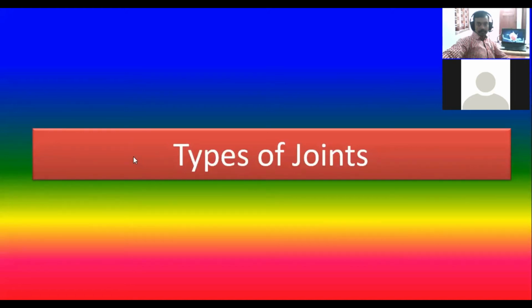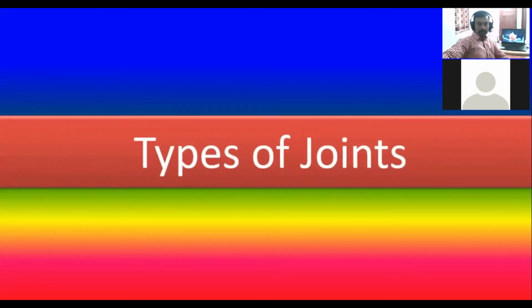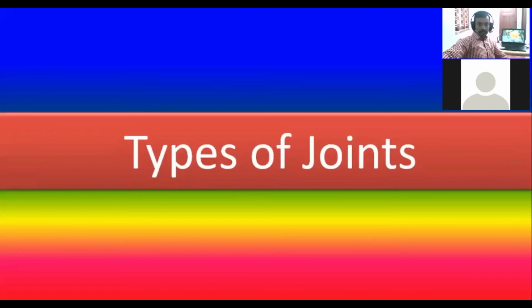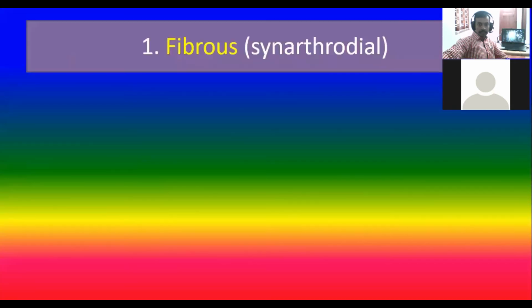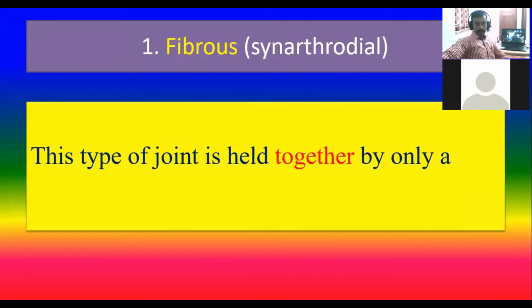Next, we should think about joints. Joints also involve behavior and are important to determine traits. First, fibrous: this type of joint is held together by ligaments.